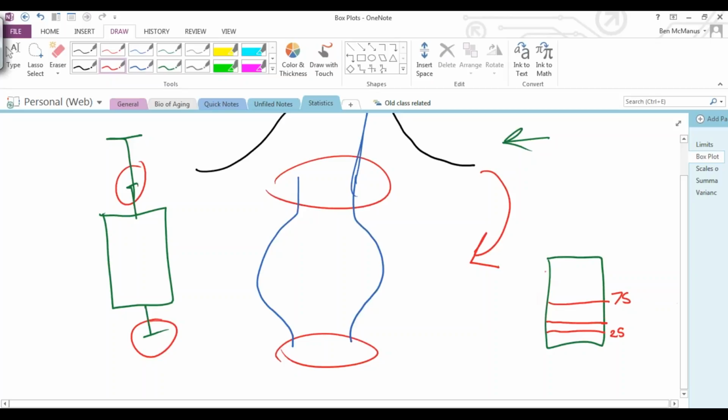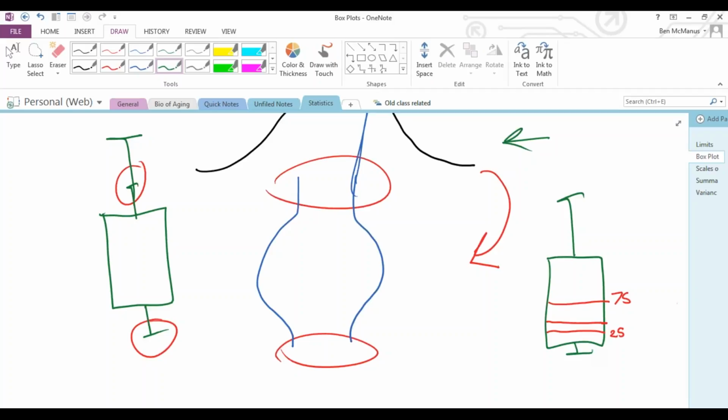Now, if you see it like this, you would also, just like over here, expect this must be a skewed data set if you see all these lines down towards one end or the other. And maybe you'd also be able to confirm that by seeing how far out these whiskers extend. So that's essentially what's going on with the calculations. Once you have the median and the 25th percentile, then the 75th percentile is obtained.